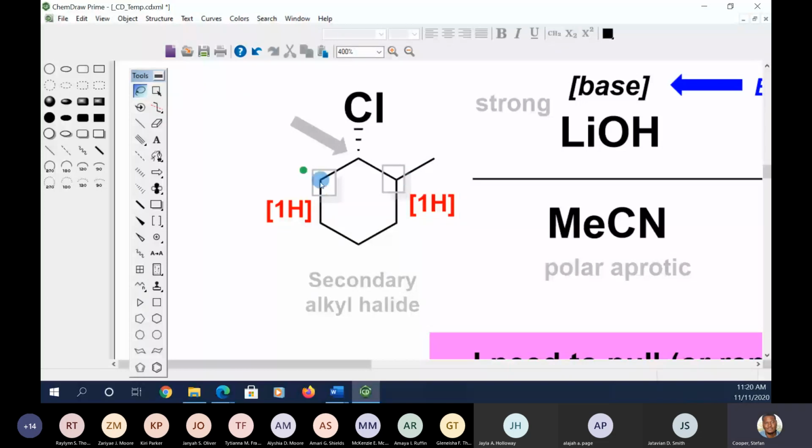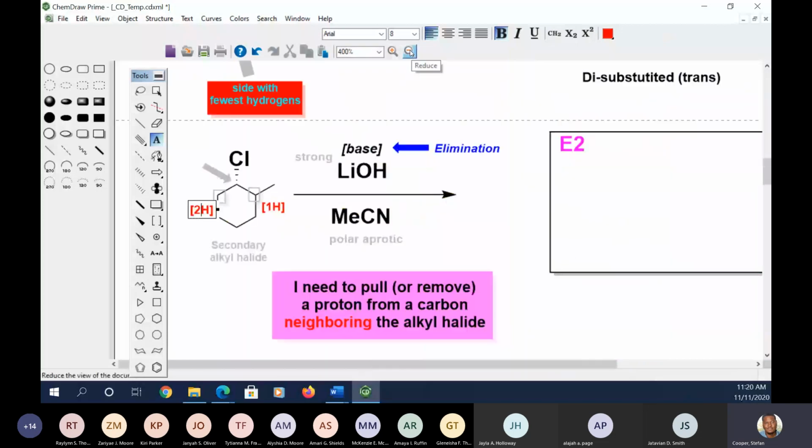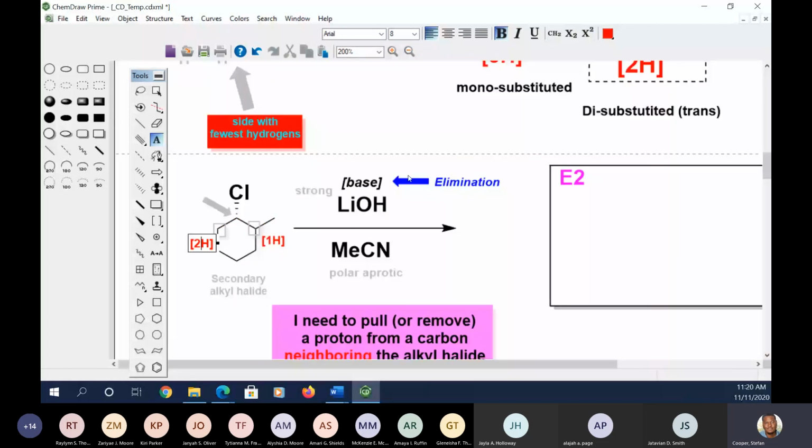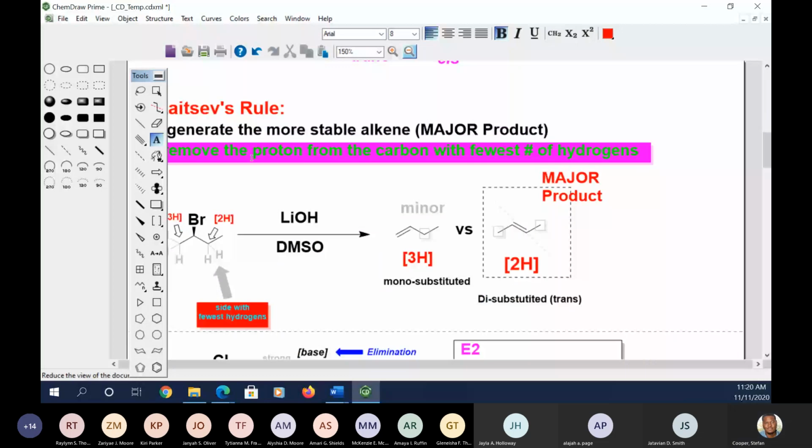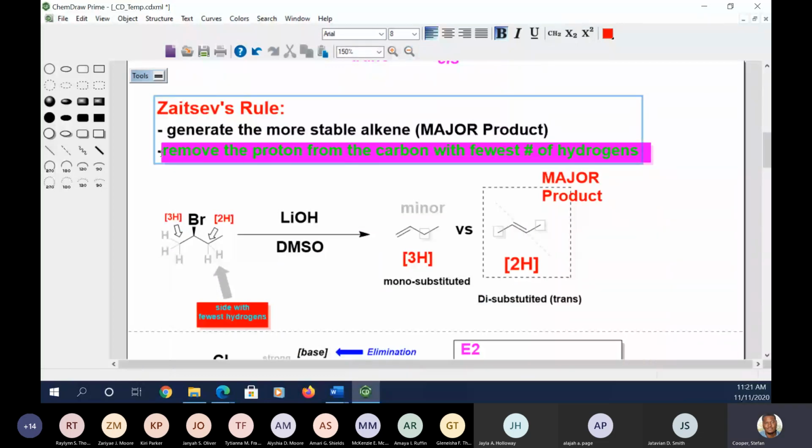Over here for this carbon, how many hydrogens are present there? 2. There are 2 hydrogens there, right? Very good. So Zaitsev's rule says what? I have to form the major product. That's always going to come from the more stable alkene. So my trick is what? Remove the proton from the carbon with the fewest number of hydrogens.